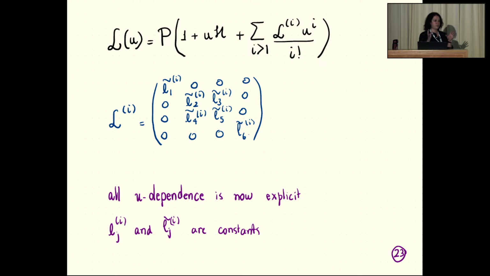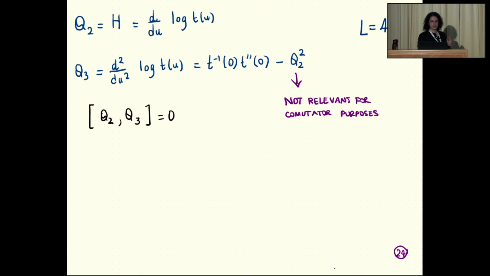We put it in the transfer matrix and compute the charges. First we compute the Hamiltonian, and then we compute Q3.